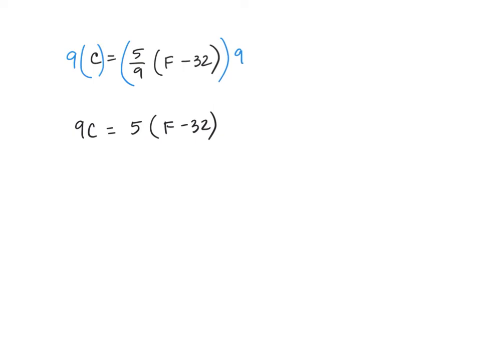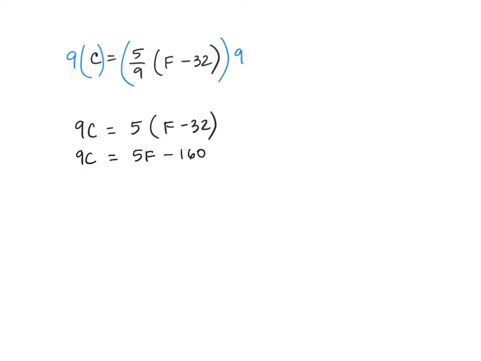So now I've eliminated my fractions. I've got 9c equals, and then I'll have 5f minus 160. So 5 times 32 would be 5 times 30, which is 150, plus 5 times 2, which is 10, so that should be 160.